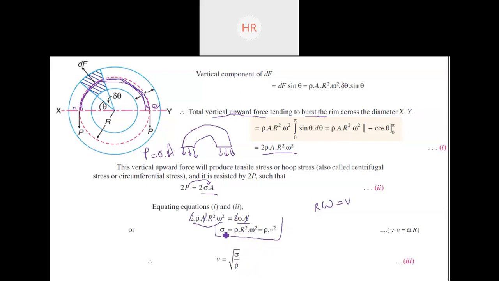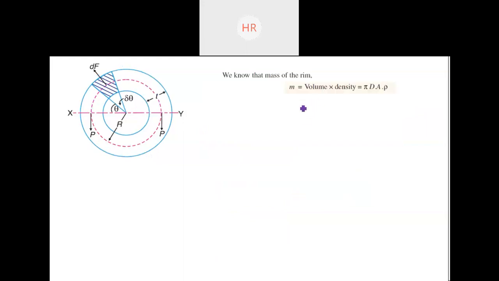So keep in mind this much amount of hoop stress is generated in a flywheel if the flywheel has density rho and velocity at mean radius is V. So rho into V square is the hoop stress developed in the flywheel. Now, if we want to find the total mass of the flywheel rim, then we know that mass is equal to density into volume.